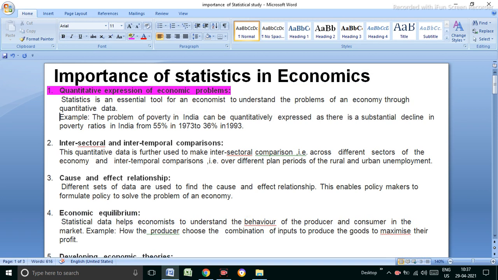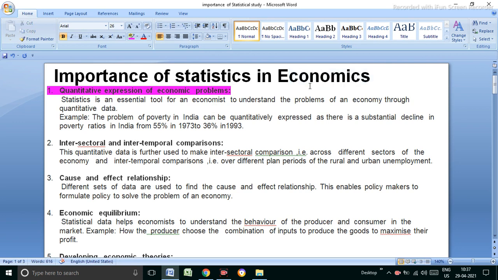No doubt various types of problems are available, but the type of problem which we can measure in numerical and quantitative expression, we can study in statistics, otherwise it is not possible. So economics is a wider concept and statistics is a part.